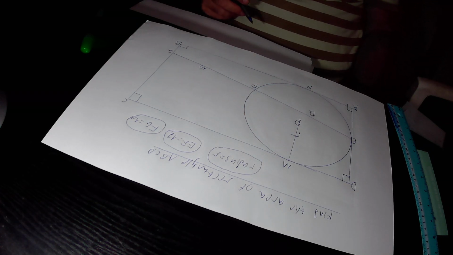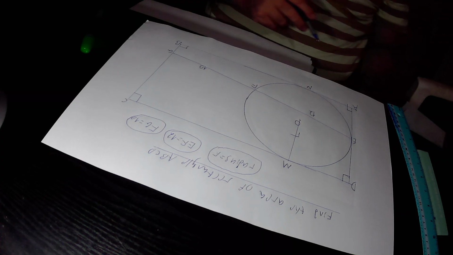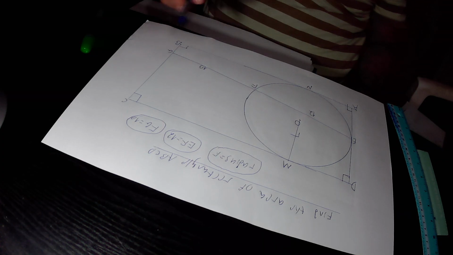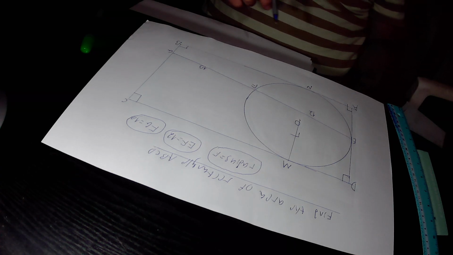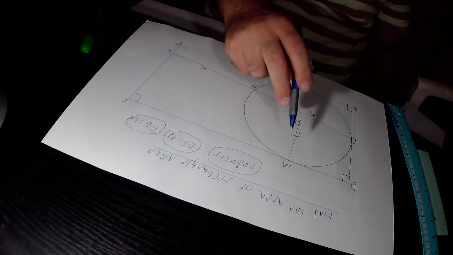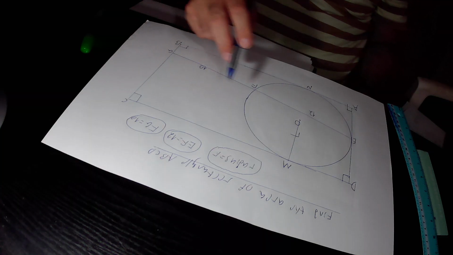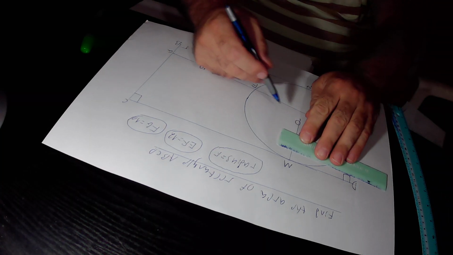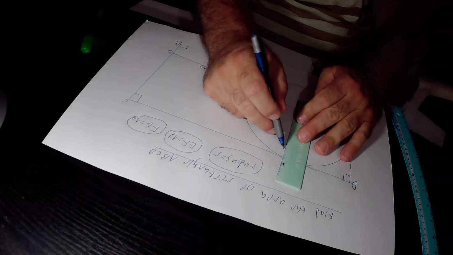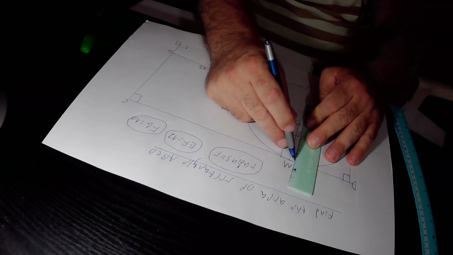The radius OM is drawn to point M, the point of tangency of tangent DC with this circle. Whenever a radius is drawn to the point of tangency, the tangent DC is perpendicular to the radius MO. If DC is perpendicular to MO, it means that this angle equals 90 degrees, and this angle also equals 90 degrees, according to rule 1.